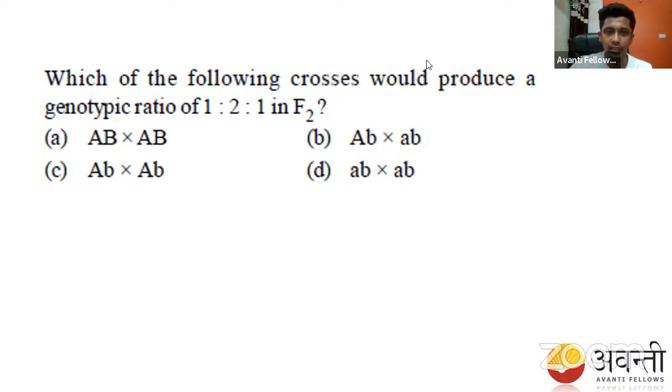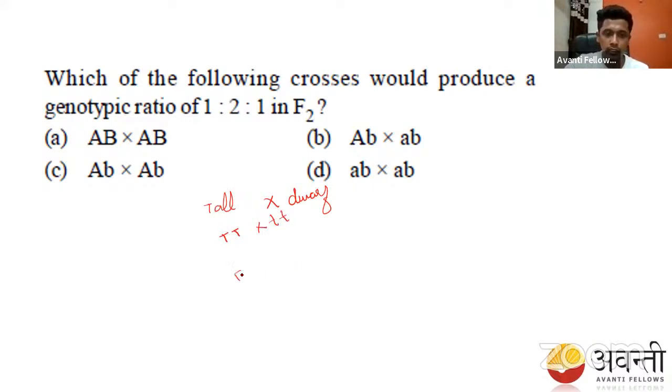The question is, which of the following crosses would produce a genotype of 1:2:1 ratio in F2 generation? When we talk about the monohybrid cross that Mendel did, first he used a tall plant and crossed it with a dwarf. The homozygous tall was crossed with homozygous dwarf.